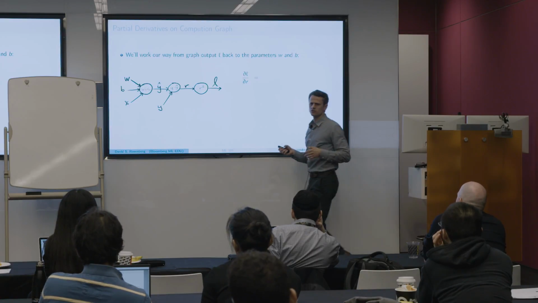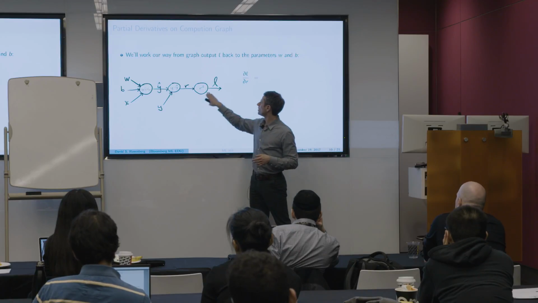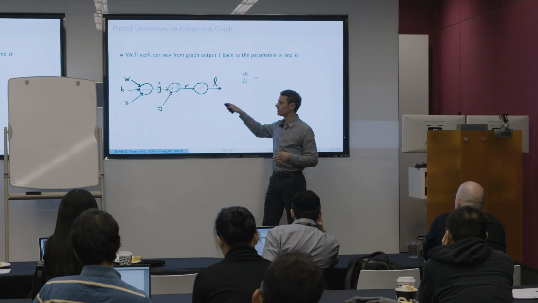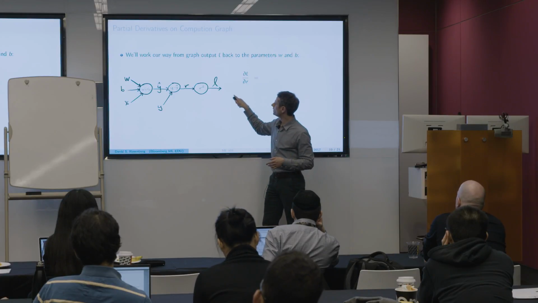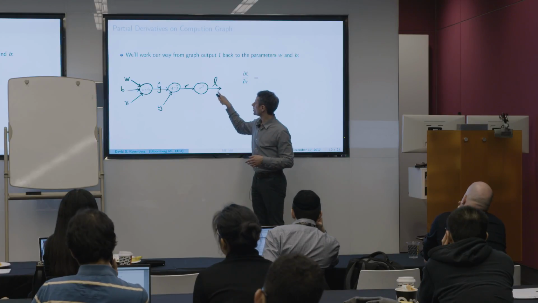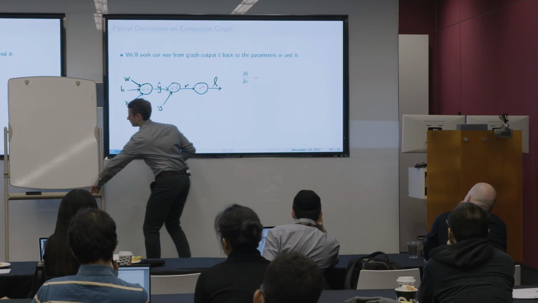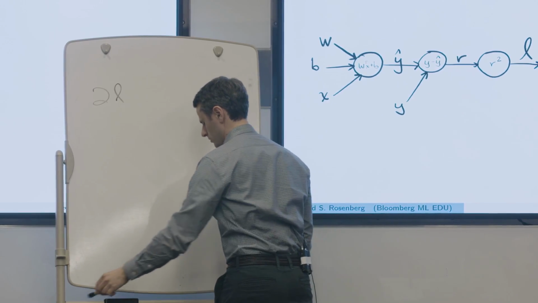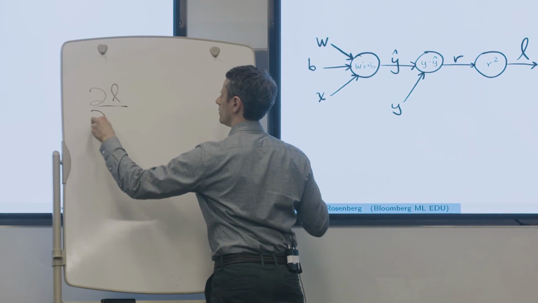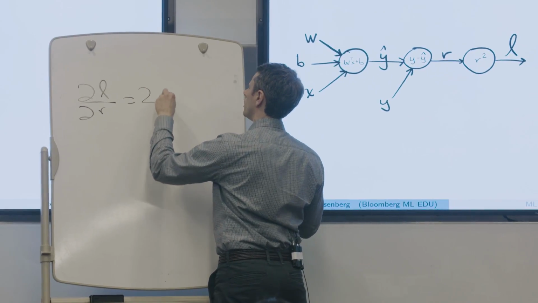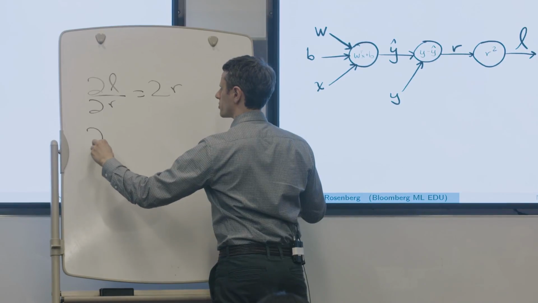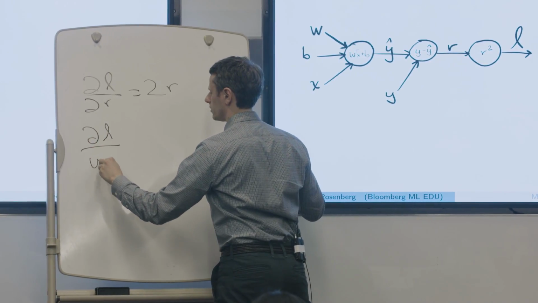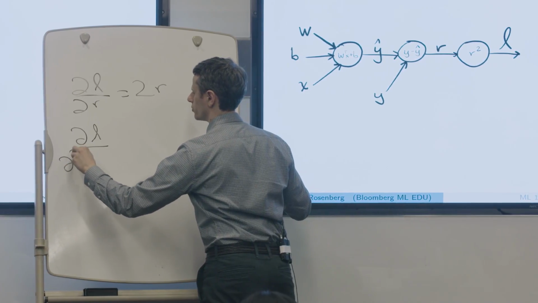That's kind of the backpropagation strategy. So let's just do it very quickly. Partial L with respect to R. Yeah, 2R, good. So partial L with respect to R is 2R. Partial L with respect to Y hat is what?